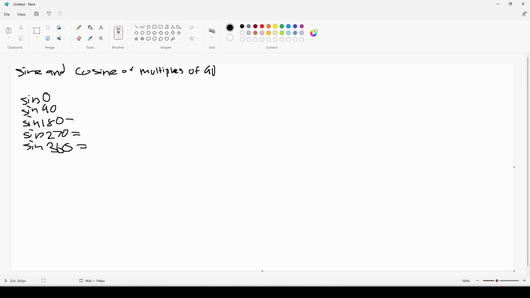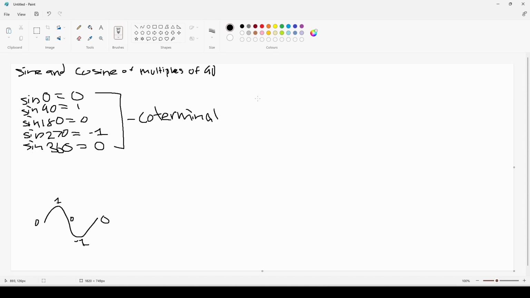These are all super easy to remember if you just remember them as a wave function, which we will get into in the next part, I believe, where all of these values can be shown. Of course, sine 0 equals 0, sine 90 equals 1, sine 180 is 0, sine 270 is negative 1, and sine 360 is 0, of course, because 0 and 360 are coterminal.